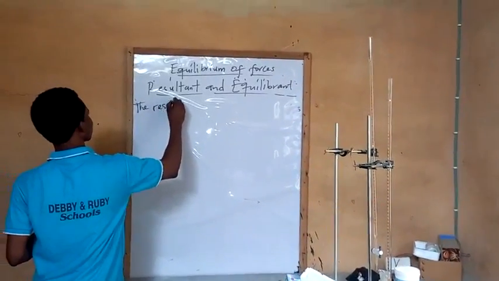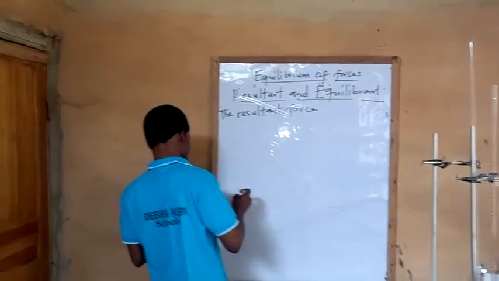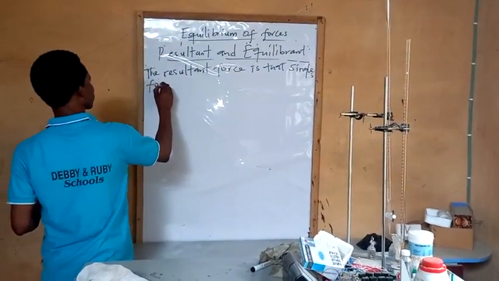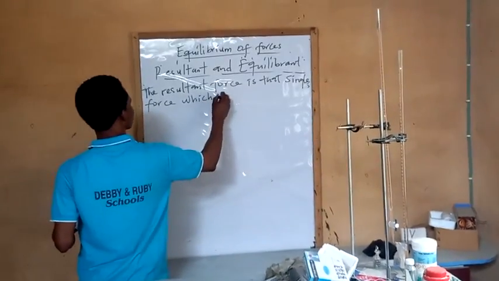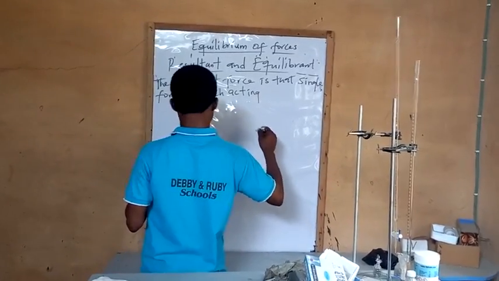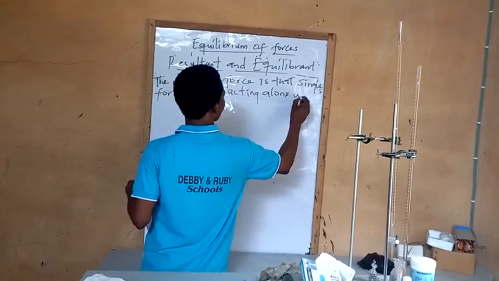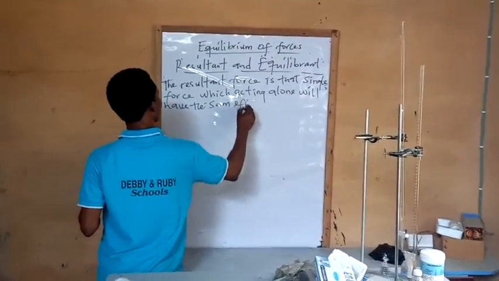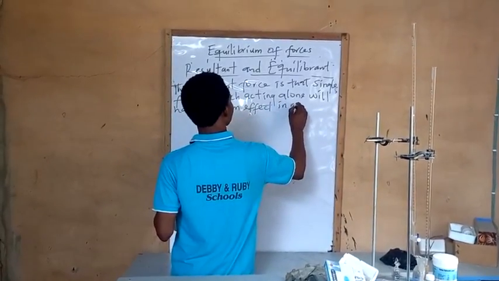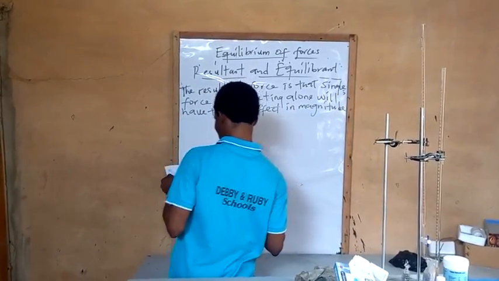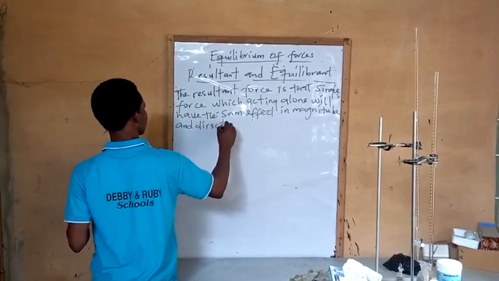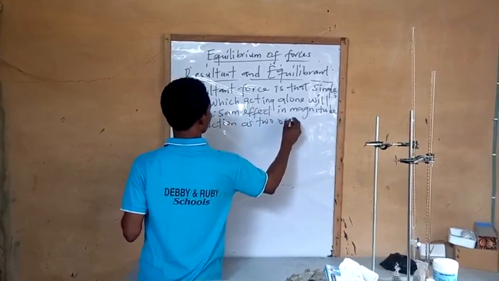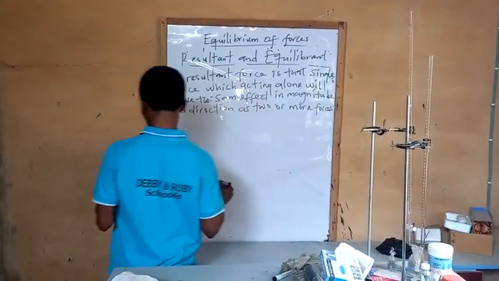The resultant force is that single force which, acting alone, will have the same effect in magnitude and direction as two or more forces acting together.